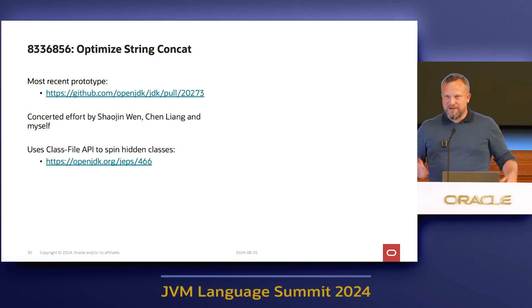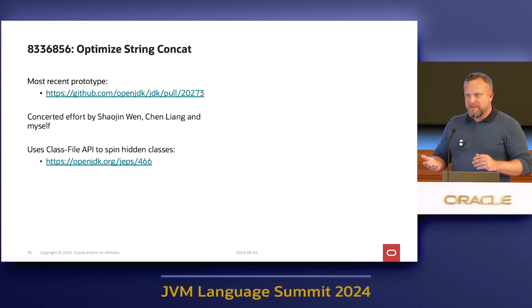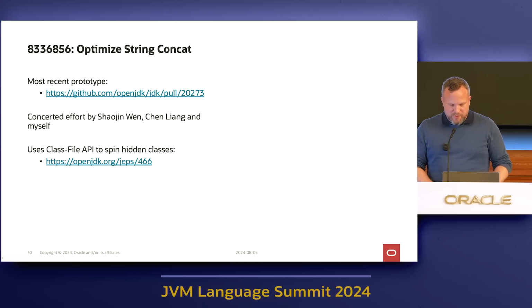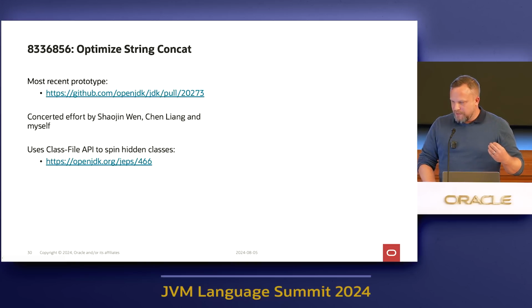I sent him a few PRs into his PR, as one does on GitHub, to implement the caching and make sure we don't run into the one class per concatenation trap that we wanted to avoid. It's great, because I was mostly on summer vacation and didn't have that much time to work on this, and we ended up with a prototype that does what I was setting out to do.